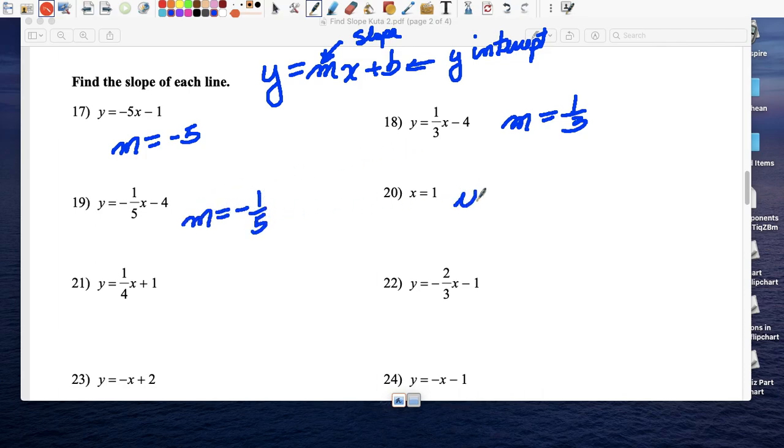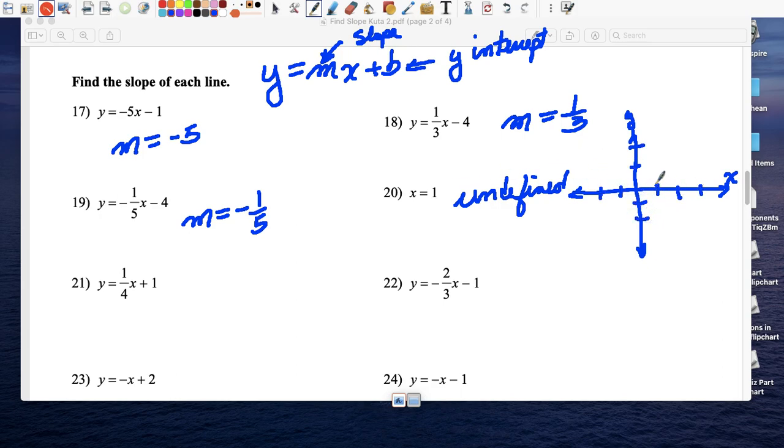Now this one, the slope is undefined, right? So think about it. If I gave you x equals 1 and asked you to graph, well, this is x and this is y. Let's make a few numbers here. So x equals 1, you would find x equals 1, which is here. And x equals 1 is this line over here. That's the line x equals 1. Think about it.